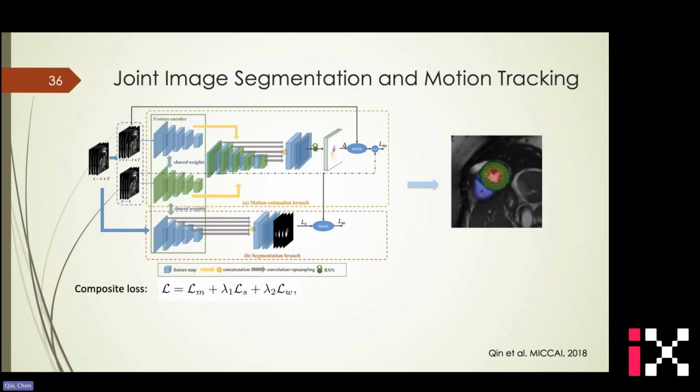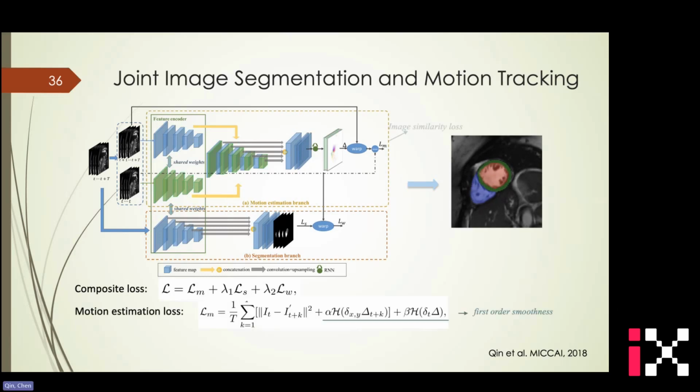The Siamese network is two networks in parallel which share weights, and then followed by the CNN and RNN components to estimate. Here we do 2D, so that is a 2D displacement field between these two images.